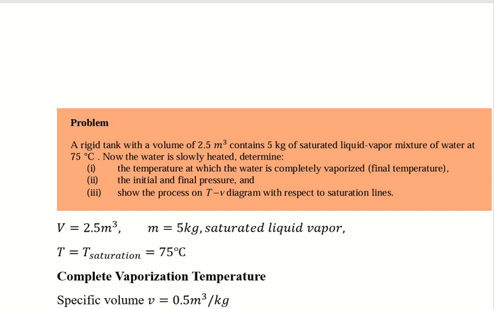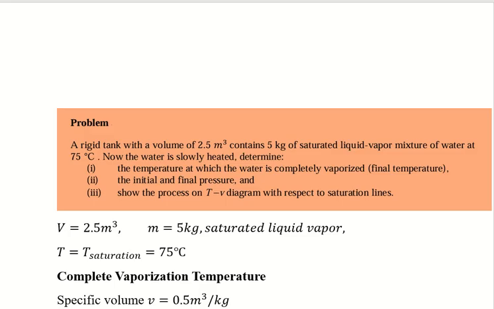The water is slowly heated. Determine the temperature at which the water is completely vaporized, the final temperature, the initial and final pressure, and draw a T-v diagram with respect to saturation lines.